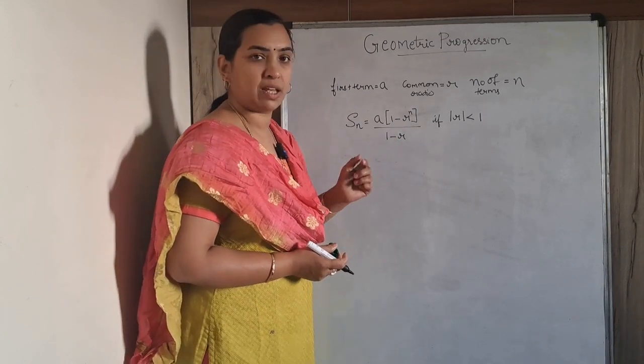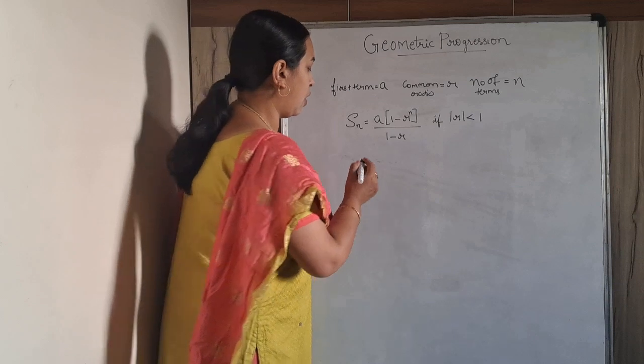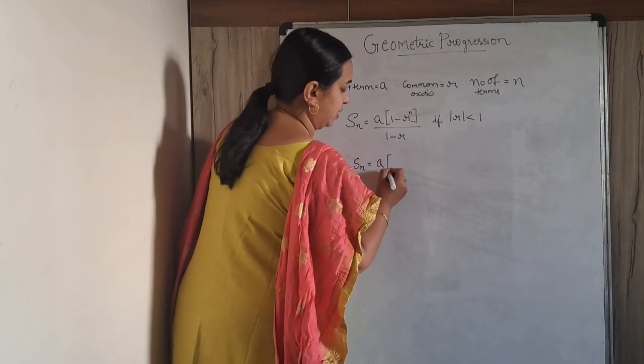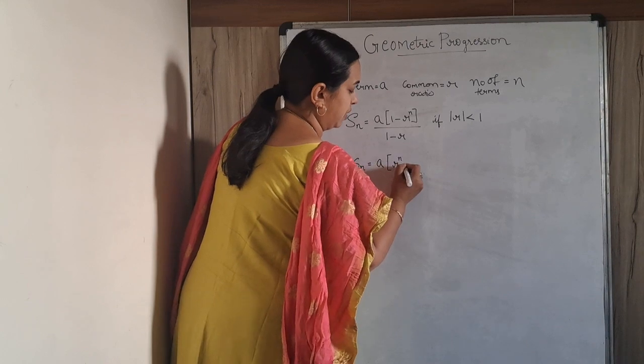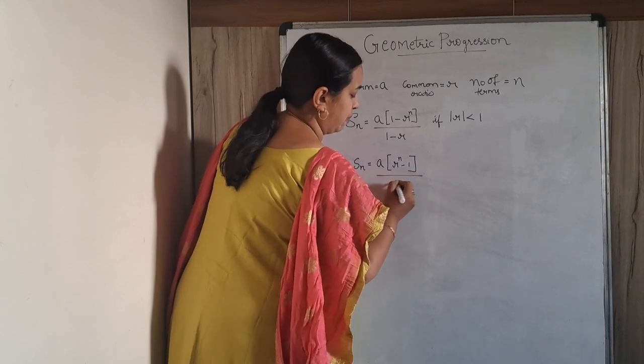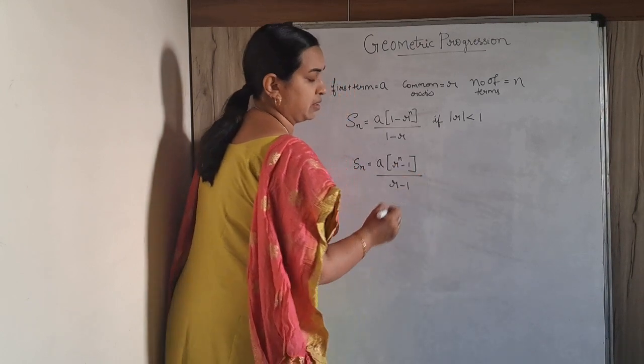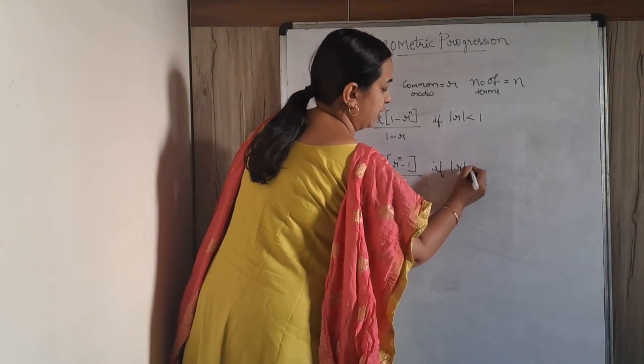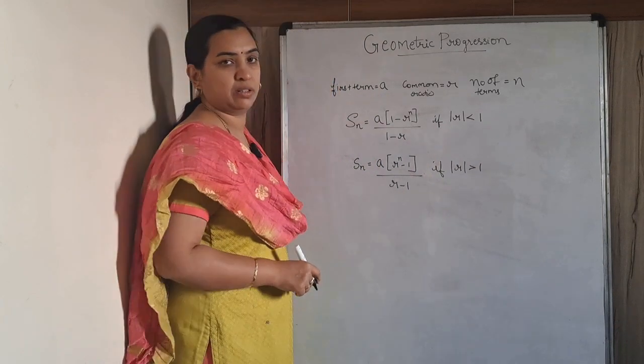So if at all it is less than 1, we can use this formula, or else Sn is equal to A into (R to the power of n minus 1) by (R minus 1), if mod R is greater than 1.